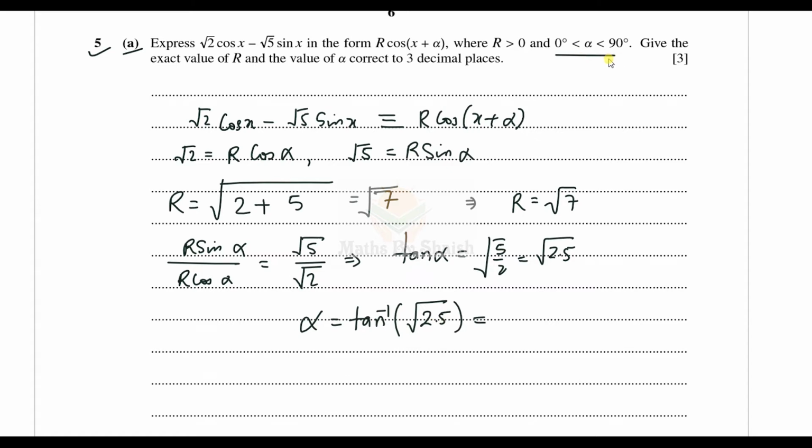We'll calculate this in degrees because the answer is given in degrees, and alpha is between 0 and 90 degrees.